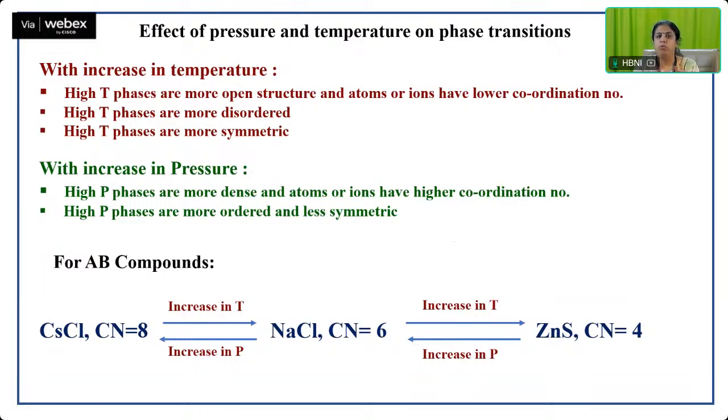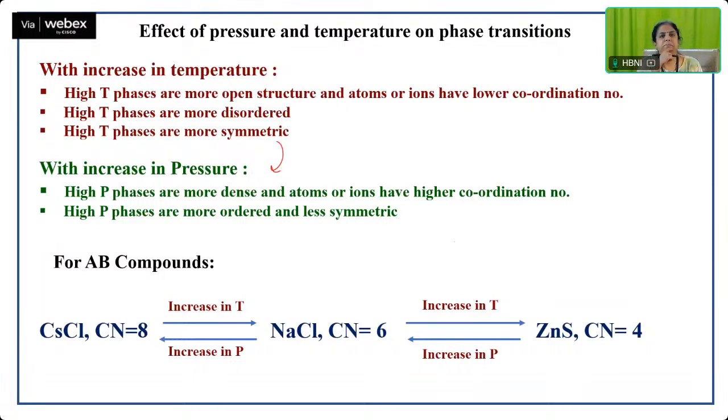That means you have to understand that symmetry and ordering are two different things, which is of course very clear, but many a time I have seen that students tend to confuse between these terms.